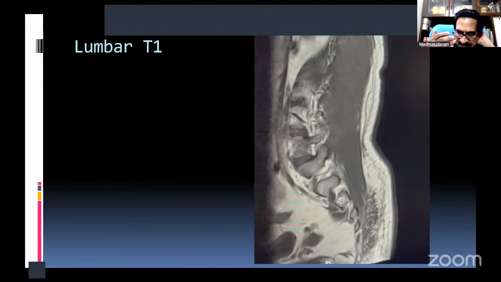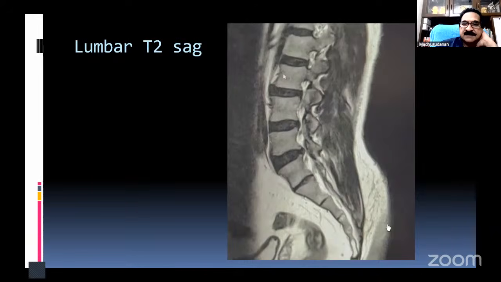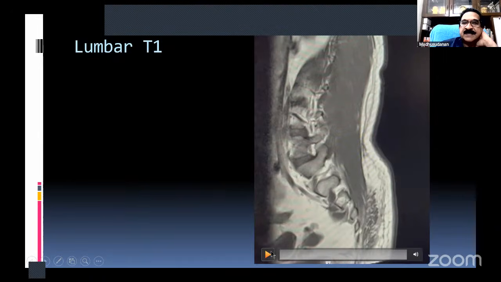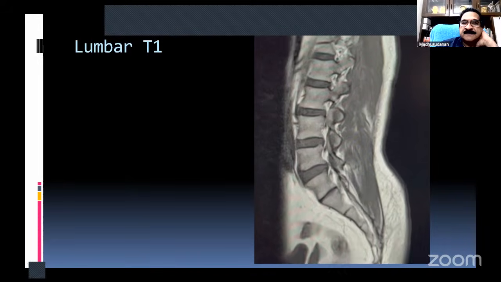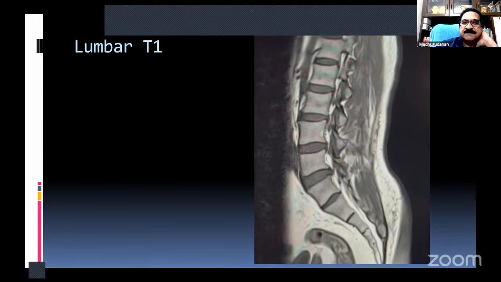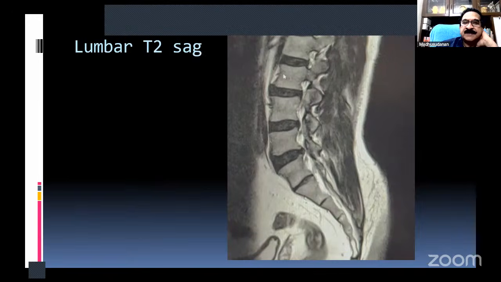As you said, gait apraxia is a possibility, but the walking was not like gait apraxia. It's the thigh going into abduction and a foot drop like thing. I'll show the video of the spine. There is nothing abnormal I could make out, no lesion to account for this. This is the T1, this is the T2.